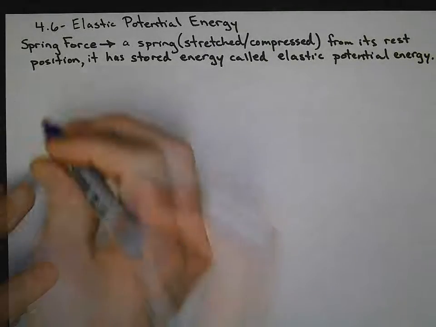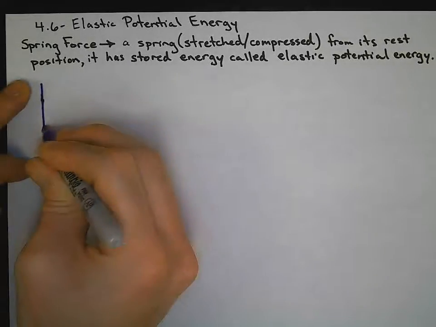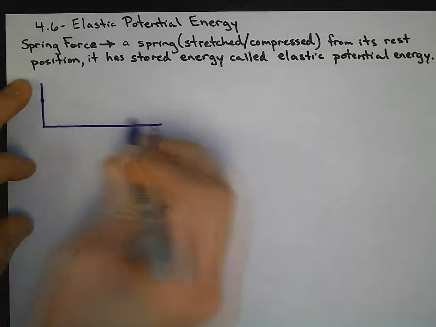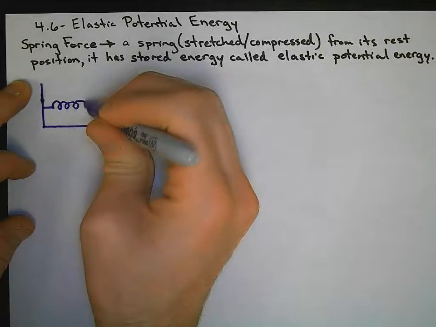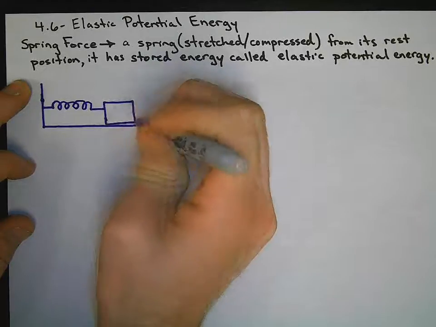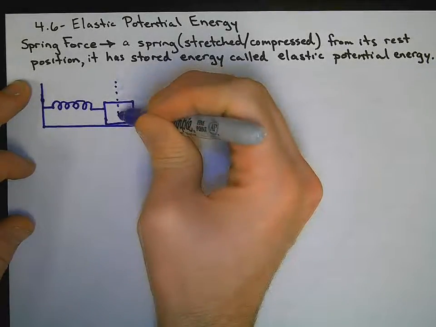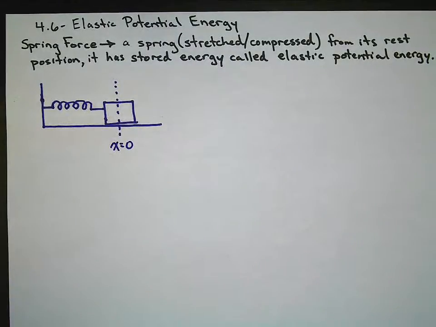If I picture for a moment some spring that's attached to some mass, and we're going to call this its resting position, so x equals 0.